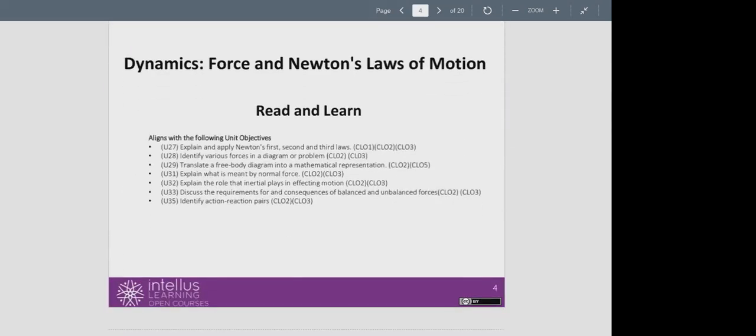Okay. So you can see by the title here that we've moved from studying things from a kinematics perspective to studying things from a dynamics perspective. Okay. And dynamics is a way of saying we're looking at the causes for motion. All right. And as I mentioned, that involves understanding force and it involves understanding Newton's laws because they help us to understand how forces interact and affect motion.